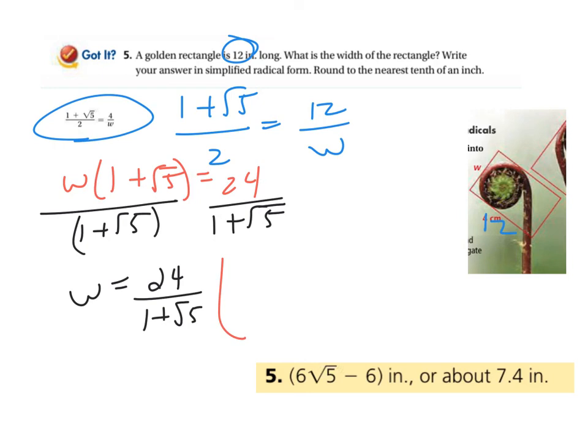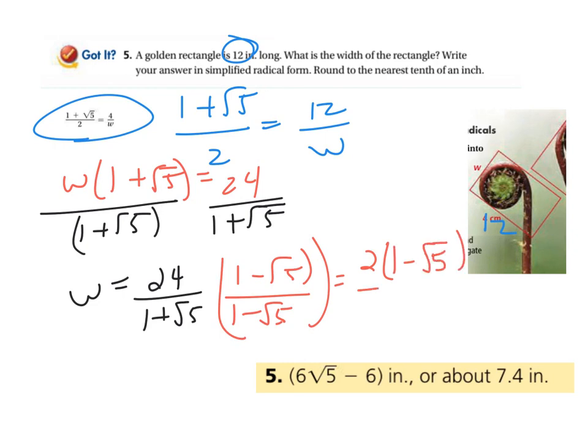That's why we get away without that. So 1 minus square root of 5, minus rather, not plus, because this was already plus, over 1 minus square root of 5. And on the top, that's going to yield 24 times 1 minus the square root of 5. On the bottom, that's going to be 1 minus 5.